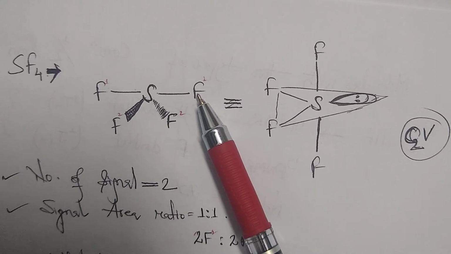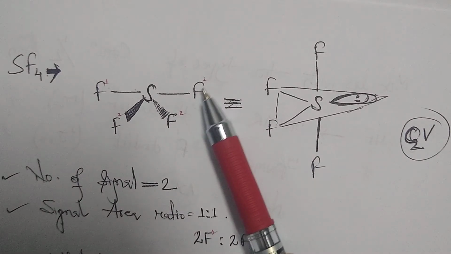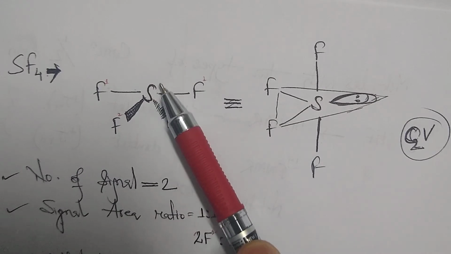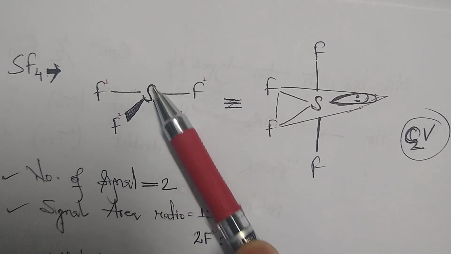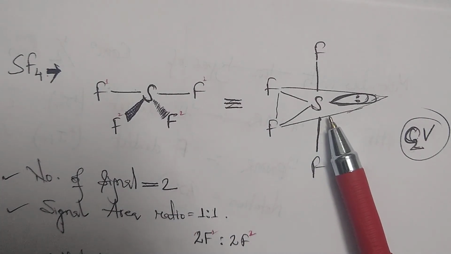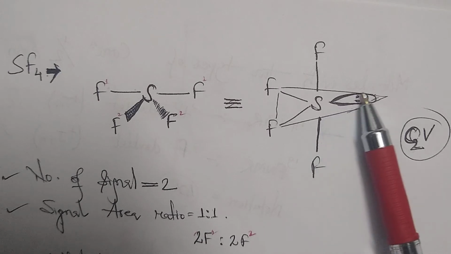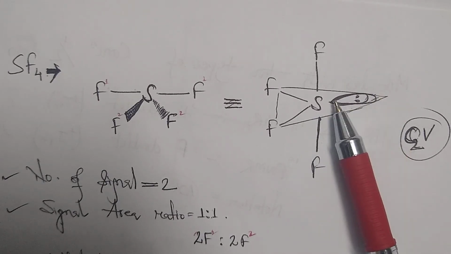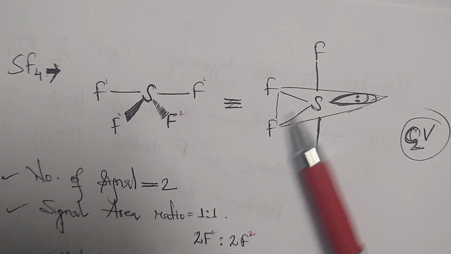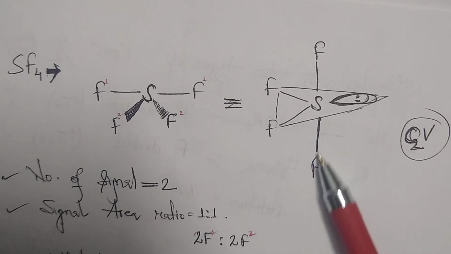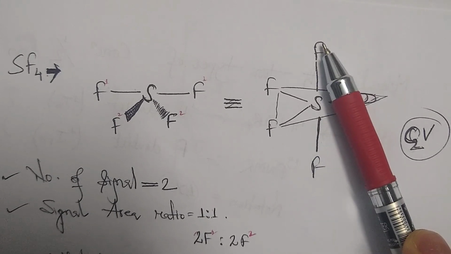And the fluorines numbered 1 lie in the plane along with the sulfur. This shape of SF4 is obtained from this structure given by Bent's rule, where the lone pair of sulfur lies in the trigonal plane along with 2 fluorines at equatorial position and 2 fluorines at axial position.